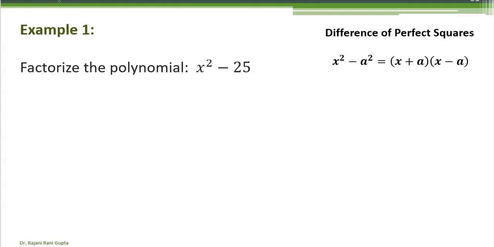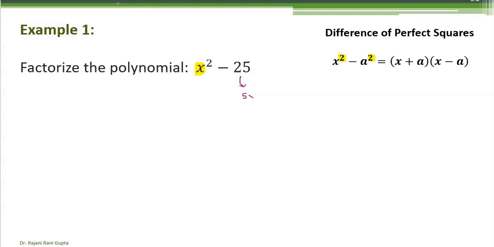Suppose they ask you to factorize the polynomial x square minus 25. So you have x to the power 2. To use this rule of perfect squares, you need power 2 for both the numbers. But here you have 25, so you have to check which two same numbers multiplied give you 25.